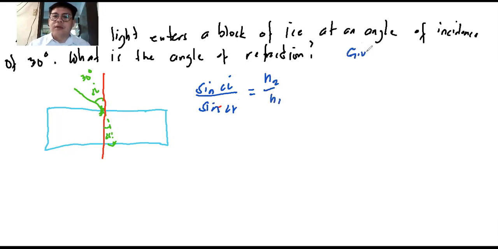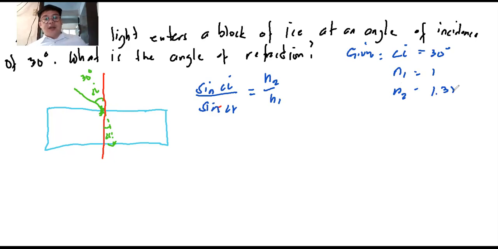Let's put the given first. The given in the problem is the angle of incidence, which is 30 degrees, your n1, which is air, and n2, which is ice, 1.31. So these are the givens in the problem.